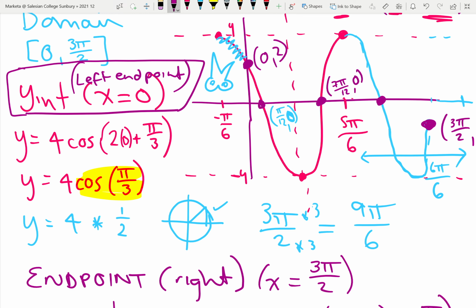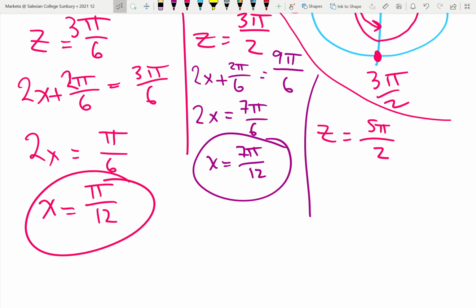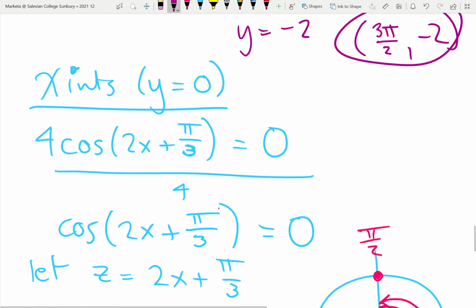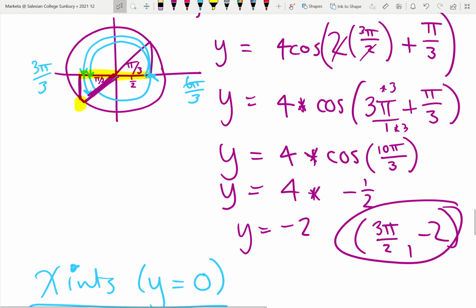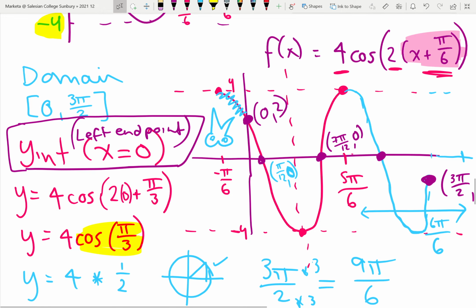And then finally, we've got one more, so I'll do that. So z, 2x plus 2 pi on 6 equals 6 times 3, 15 pi on 6. So 2x equals 15 minus 2 is 13 pi on 6. And x equals 13 pi on 12. And I believe that the domain was to 3 pi on 2.